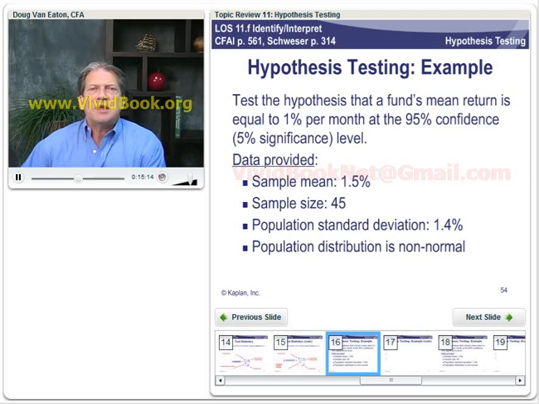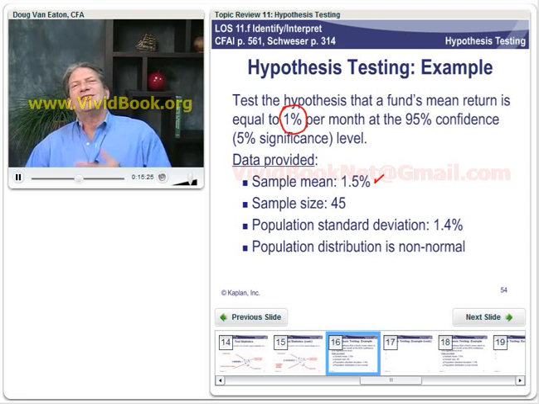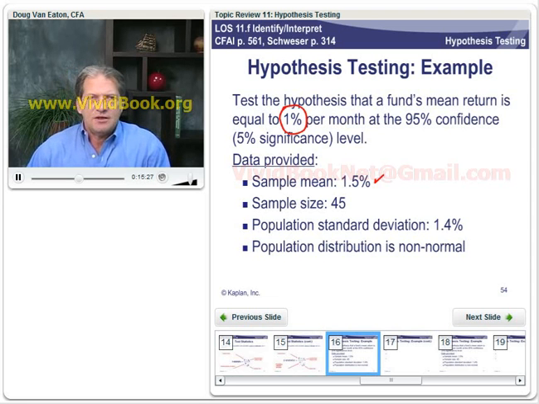So here's the data provided. Our sample mean, 1.5%. So we know that's different from our hypothesized mean. The question becomes, is it statistically significantly different? Or does this just happen by chance because our sample mean is bouncing all over? Well, our sample size here is 45.